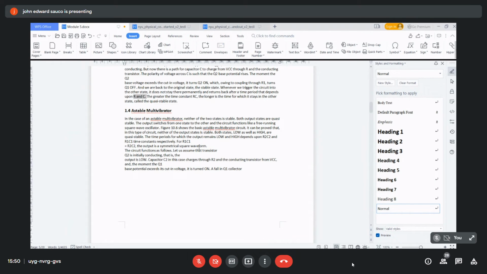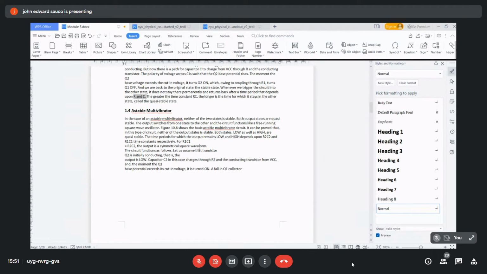So, it can be proved that in this type of circuit, neither output state is stable. Both states, low as well as high, are quasi-stable. The time period for which the output remains low and high depends upon the RC. So, kung RC1, RC2, depende sa kanila kung gaano katagal yung paglipat. So, the output is a symmetrical square waveform.